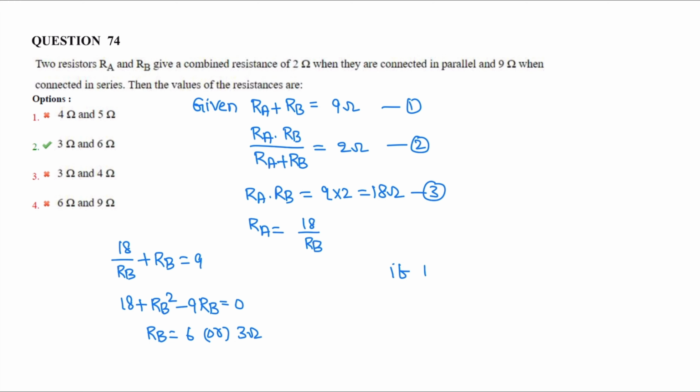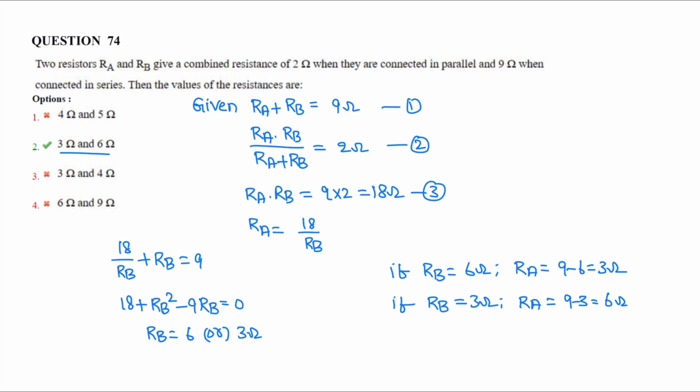If RB is 6 ohms, then RA is 9 minus 6, 3 ohms. If RB is 3 ohms, then RA is 9 minus 3, 6 ohms. So RB is either 3 ohms or 6 ohms, RA is 3 ohms or 6 ohms. Therefore the correct option is 2.